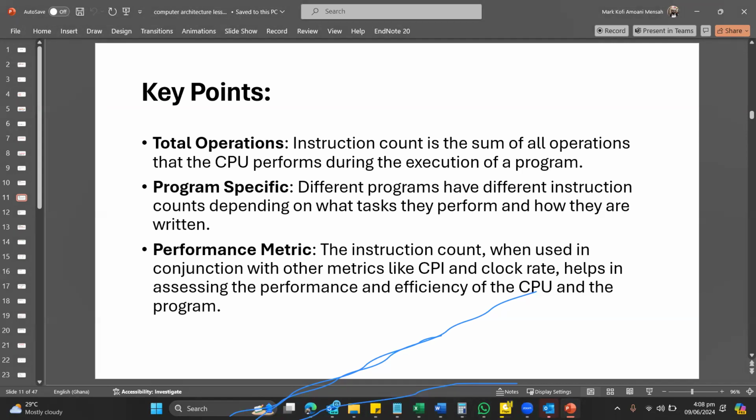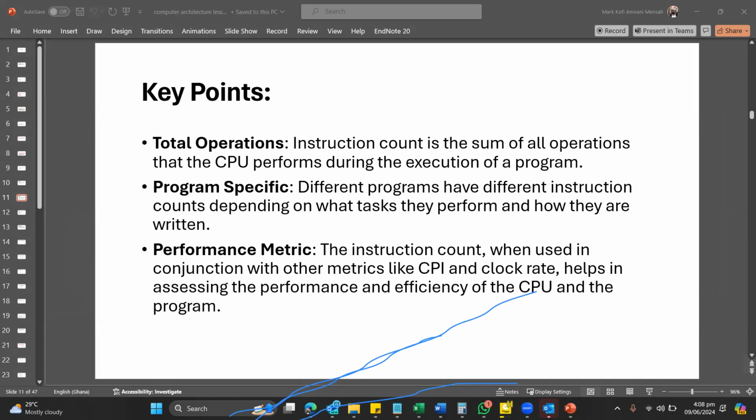So again, if I give the computer instructions, let's say 2 instructions, add 2 numbers, that piece of code could be written in different ways based on who wrote it. So even if the computer is doing the same thing, because there are different programs, the instructions they write may be different.